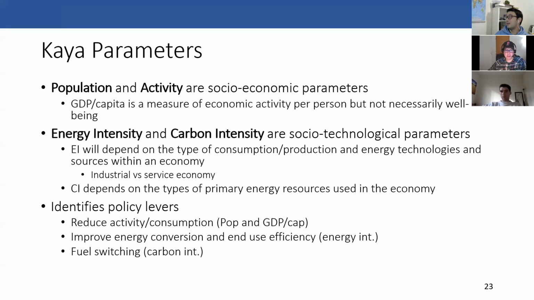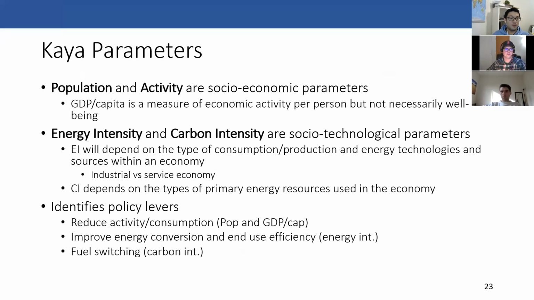And so that is one of the controversial parts, where you're directly in conflict with a desire to have a stronger economy, basically increasing your GDP per capita for improving wealth.